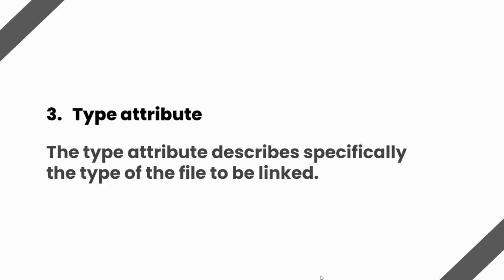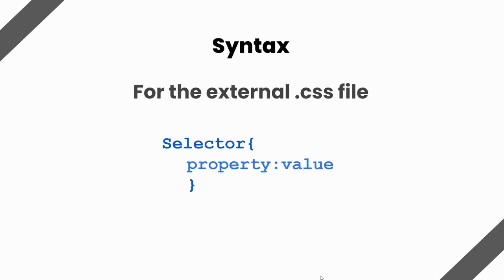We have the syntax for the external CSS file. This is the kind of syntax that would appear in the .css file that we would have. Now the CSS file, unlike HTML, doesn't have a boilerplate.